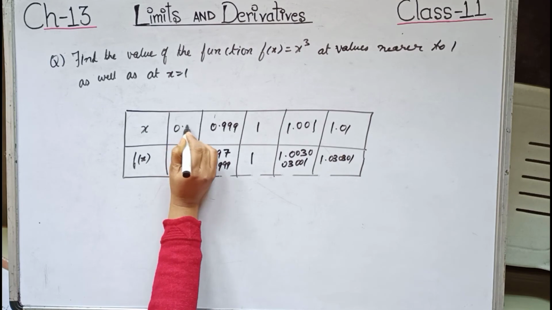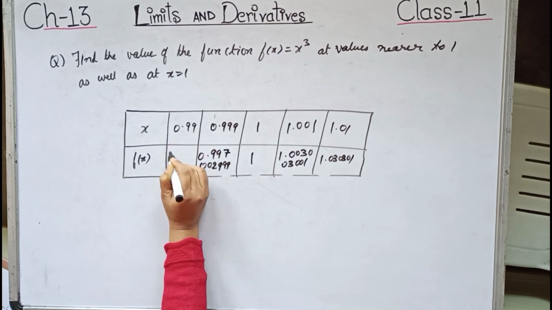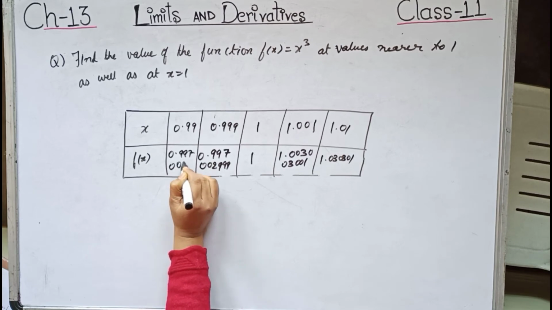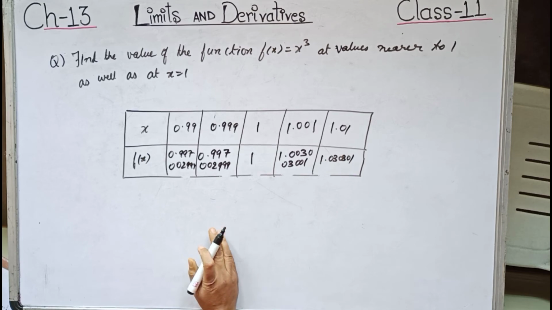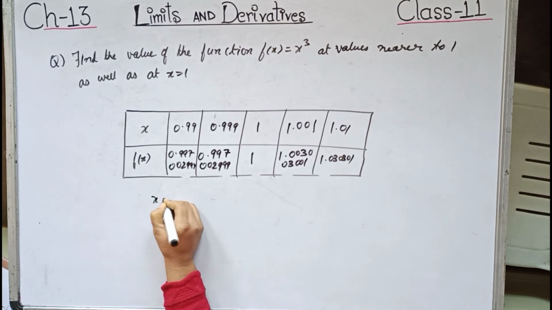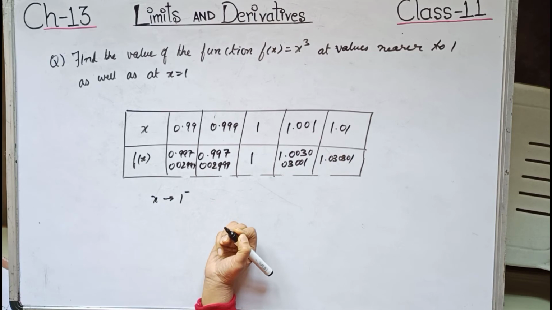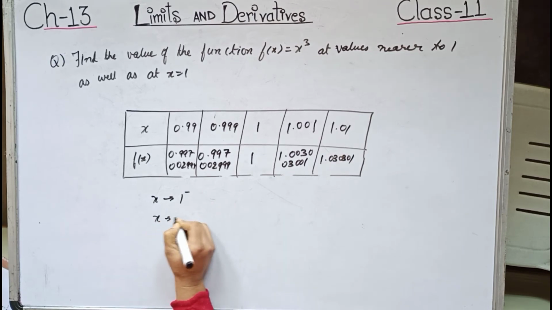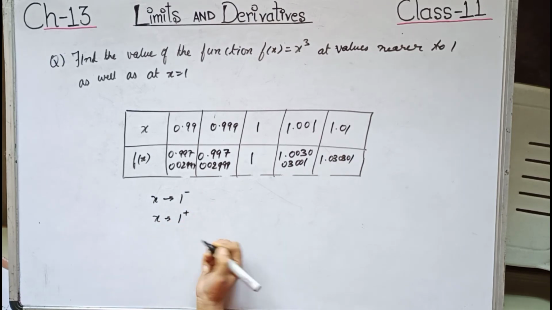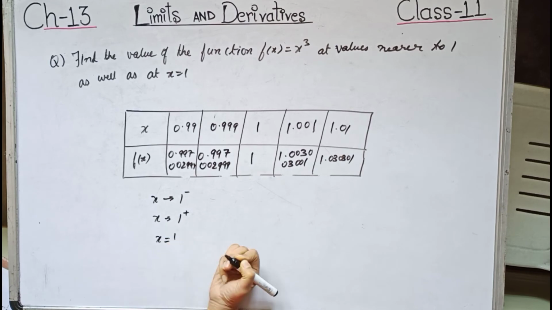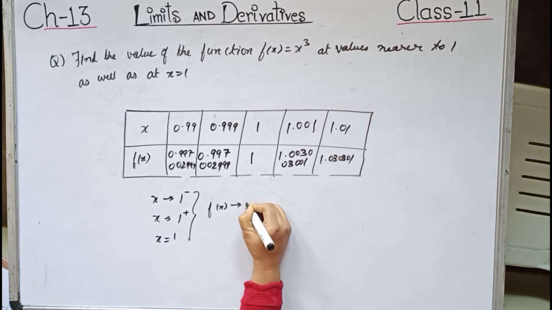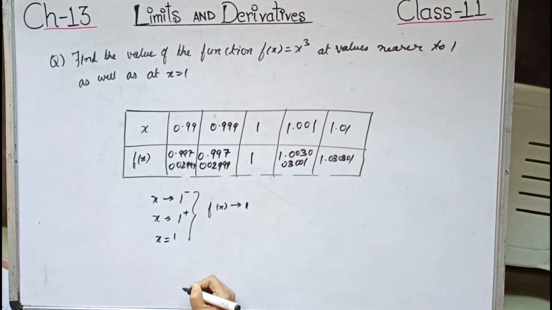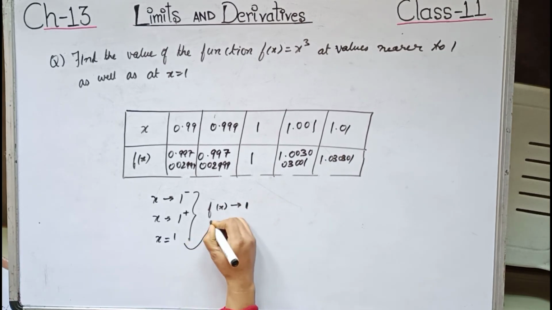Over here also 0.99, the value will be 0.997002999. So we can observe that whether we take the values a bit lesser than 1, or a bit more than 1, or if we take the value 1, in all the cases f(x) is approximately equals to 1 only. At x is equals to 1, f(x) was 1.